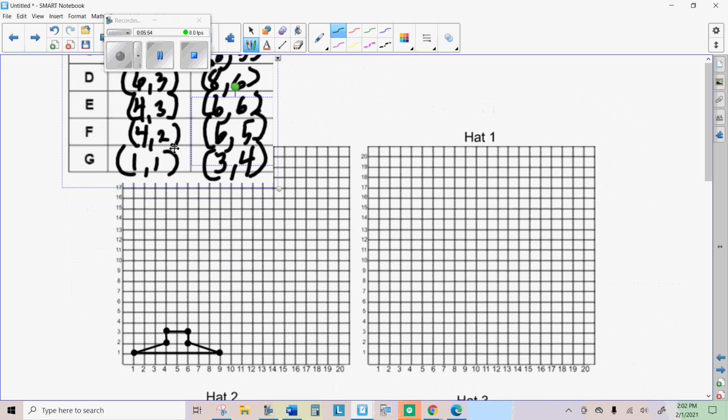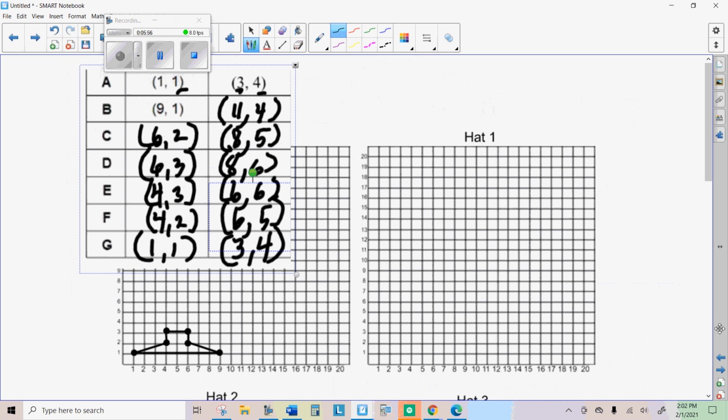So this is the original hat right here. Point A is at, I skipped a point there, sorry about that, 3,4. It's right there. That's point A, the new point A. Sometimes we call that the image of A, so we put a little mark here to mean image, A image.